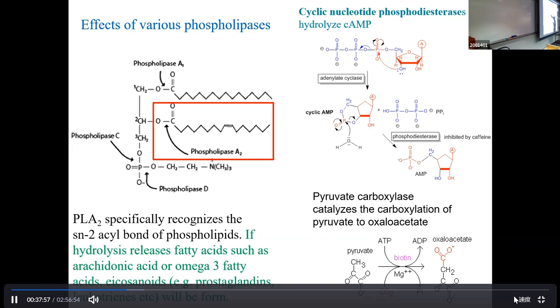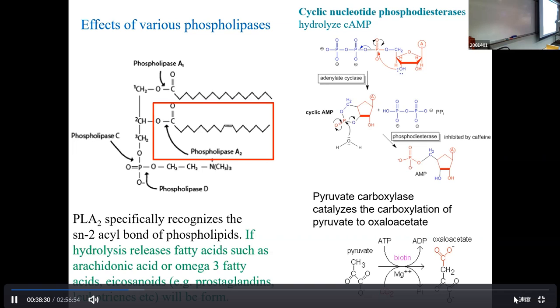Hopefully you remember, or it has been mentioned in another class, that in phospholipids, generally speaking, it is the SN2 carbon, the carbon in the middle, that will be esterified with the unsaturated fatty acid. Do you know that or you don't know that?